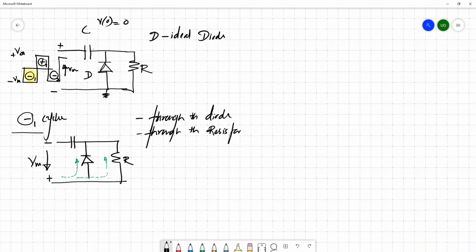We should be aware that this diode should be forward biased to charge the capacitor. If this diode is reverse biased, you don't see any current flow through the circuit. It acts as an open circuit, so the capacitor never charges. So definitely this diode should be forward biased to make this capacitor charge.